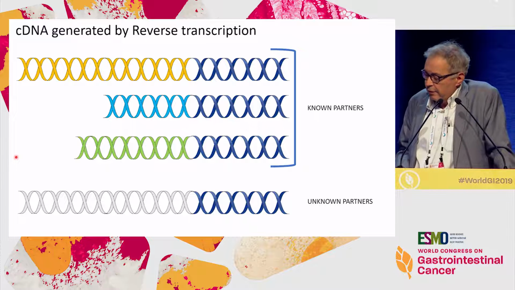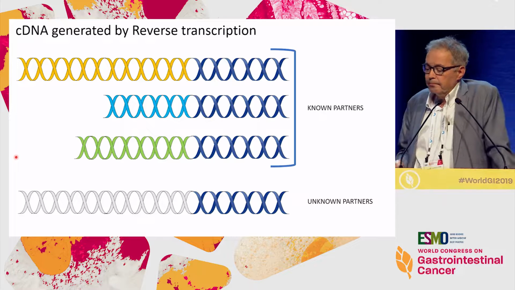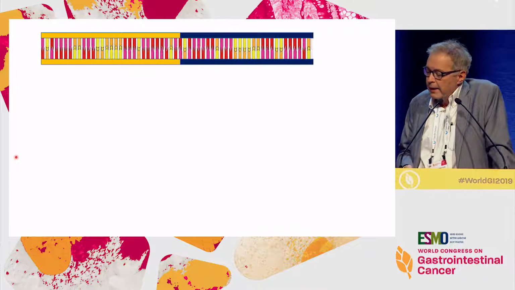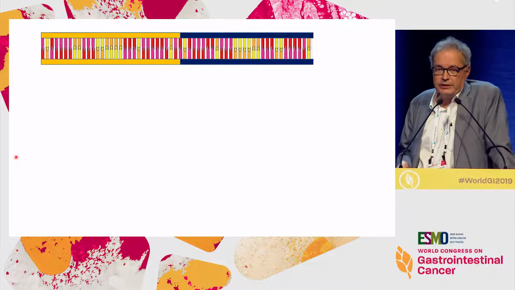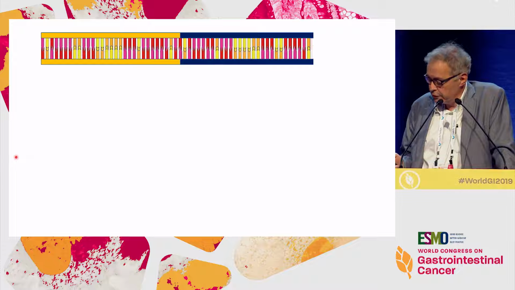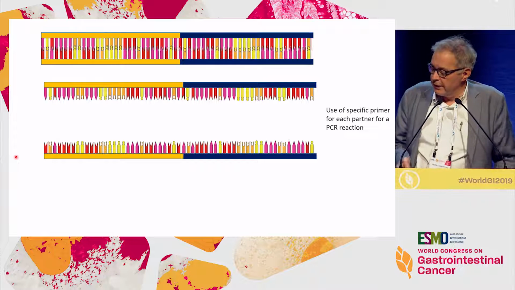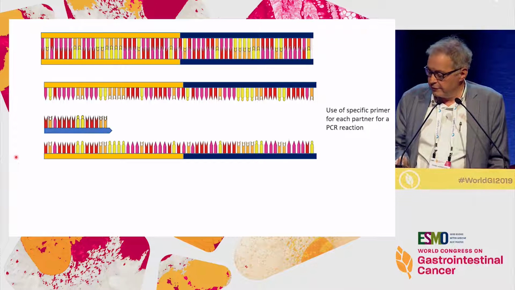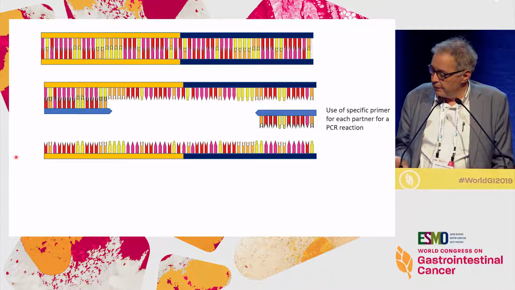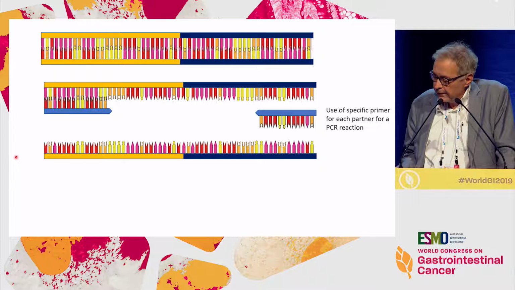You create from this RNA cDNA by reverse transcription, and then you are able to amplify this gene. You are able to amplify it because you know the genes that are involved in the fusion, so you can design a primer for the partners of gene B, and you can also design a primer for your usual suspect.